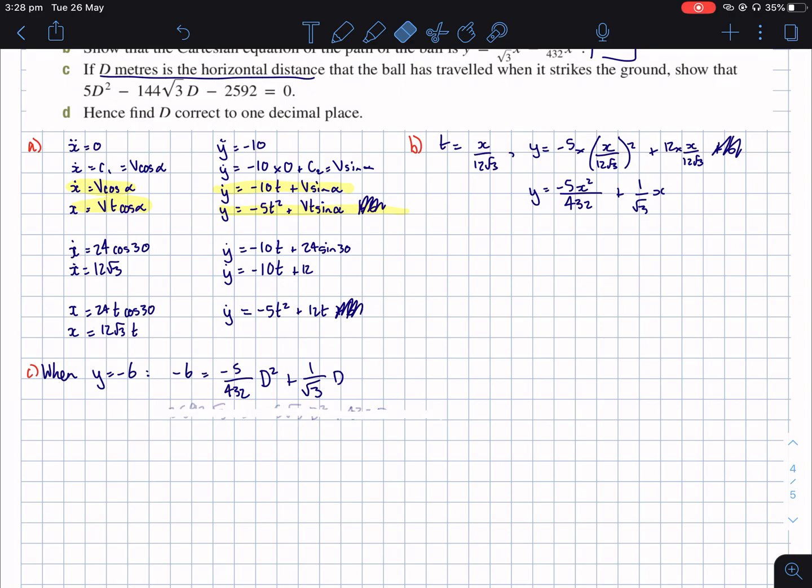No, it's going to be so much easier to times. Okay, I'm going to multiply 432, and instead of timesing by root 3, I'm going to times by 3.